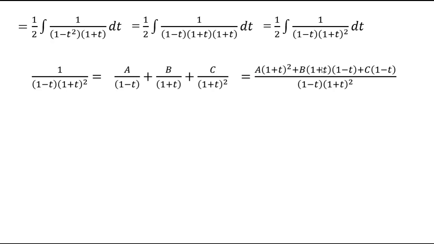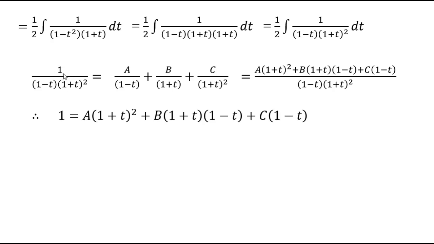This is the new numerator. Equate this numerator with the numerator on the left side, which is 1. So 1 is equal to the numerator on the right side. Now to find the values of a, b and c. Our technique of making a coefficient 0 may or may not work here.